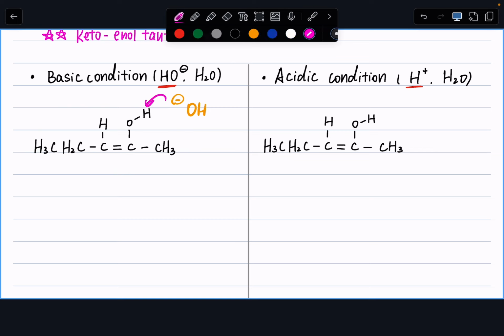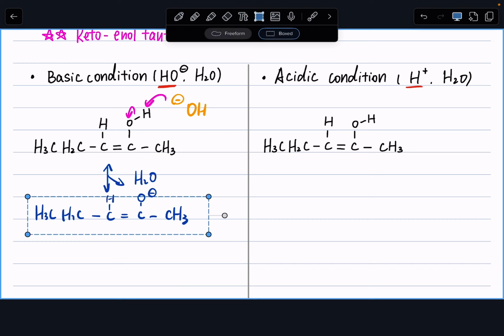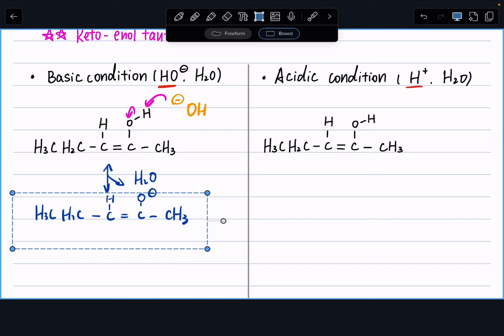So the first step is deprotonation. What we're forming here, upon releasing water, is H3C-H2C-CH=C-O minus-CH3. Deprotonation of the most acidic hydrogen.